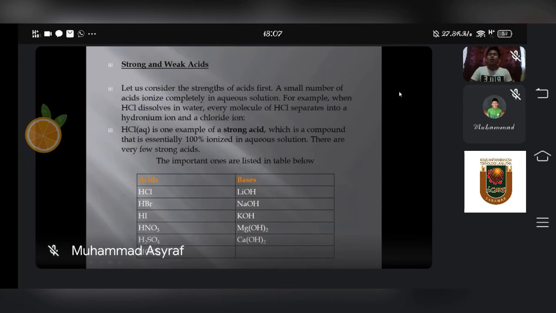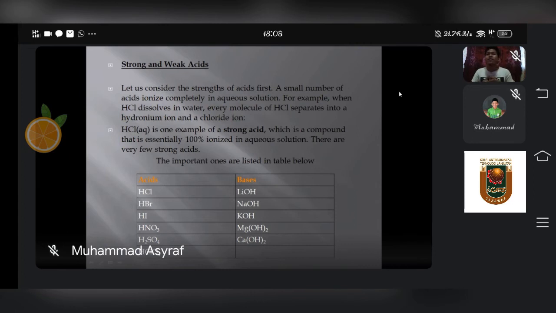For example, when HCl dissolves in water, every molecule of HCl separates into a hydronium ion and a chloride ion.